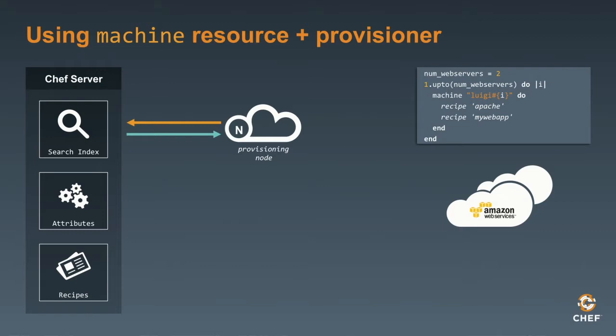Because it's in a recipe, you can choose where the machine resource runs. In production, you may run it on a special node called a provisioning node or a provisioning controller.